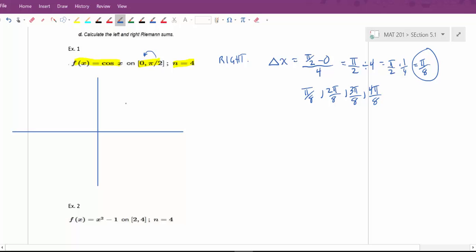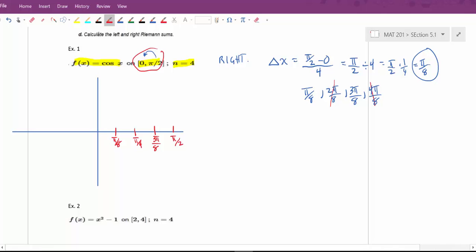Let's put that on here, but use reduced fractions. So this is pi over 8. 2 pi over 8 is really pi over 4. 3 pi over 8, you leave that. And then 4 pi over 8 is really pi over 2. So all I'm doing is taking the interval I gave you and breaking it up into 4 rectangles. That's why I came out with pi over 8. Does that make sense?